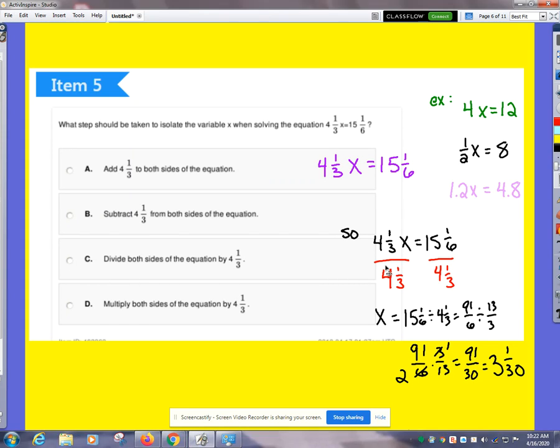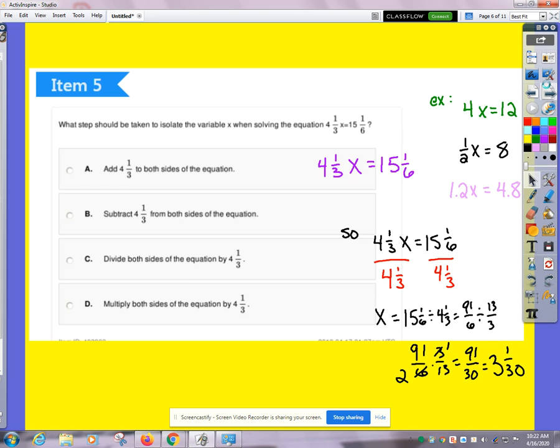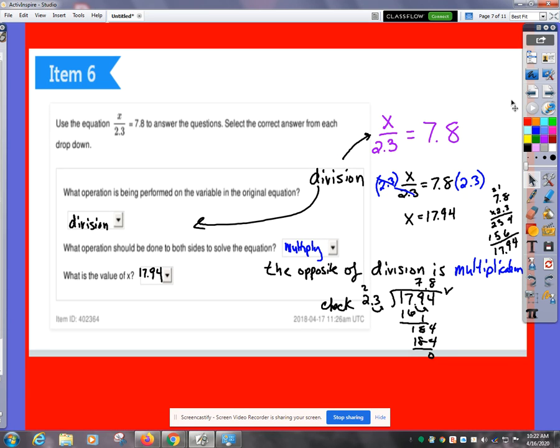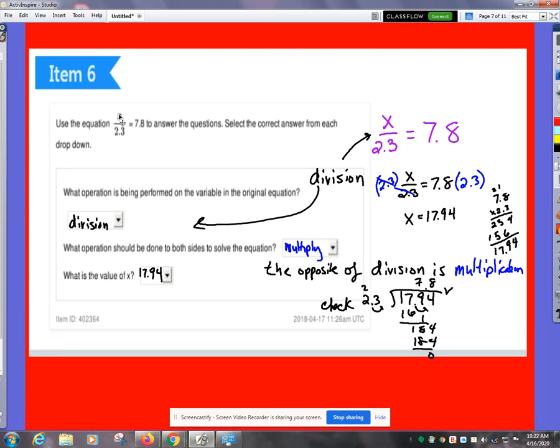I did the math, actually did both sides and got 3 and 1/30th, but you didn't do that. All you need to know is to divide.